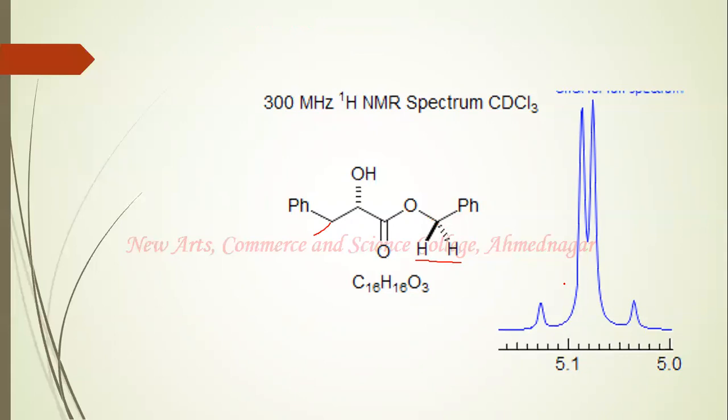Look at this chemical shift value, in the range of 5 to 5.1. These are the two protons and they couple with one another and give a doublet. Geminal coupling is observed, but the chemical shift values have a very small difference, and therefore the two doublets appear like this distorted quartet. So it's another example of an AB quartet.